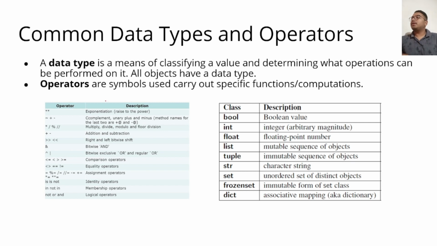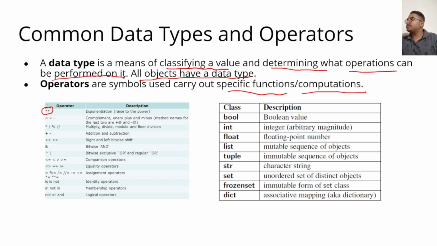A data type is a means of classifying a value and determining what operations can be performed on it. All objects have a data type. Operators are symbols that are used to carry out specific functions or computations. You see these here, these are operators.